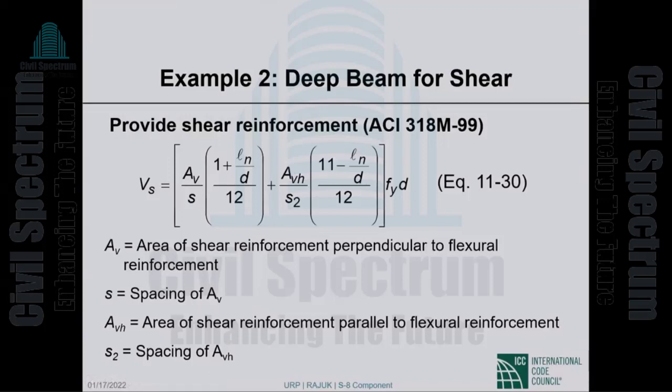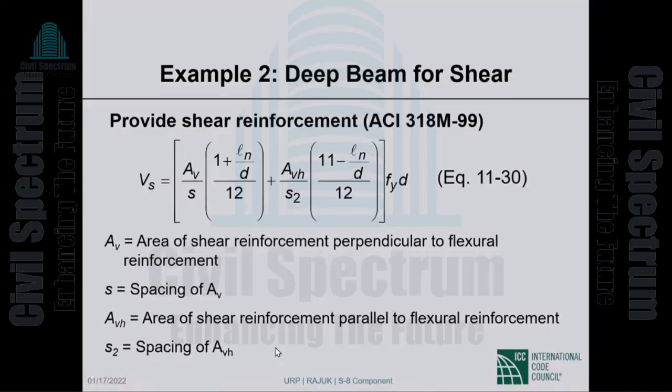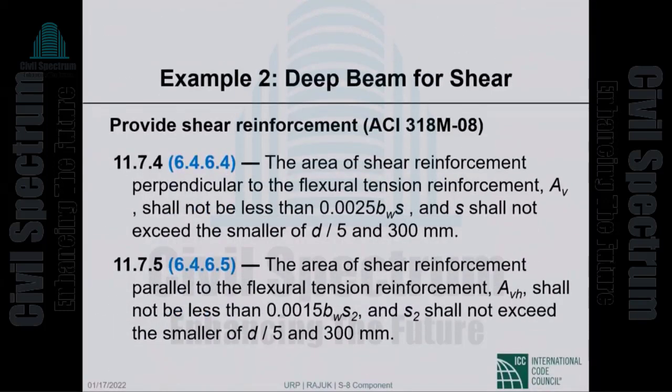The vertical is A_v, the horizontal is A_vh. s is the spacing of the vertical reinforcement. s_2 is the spacing of the horizontal reinforcement. The area of shear reinforcement perpendicular to flexural tension, A_v, shall not be less than what I have taken you through.